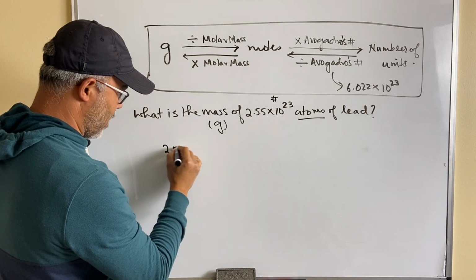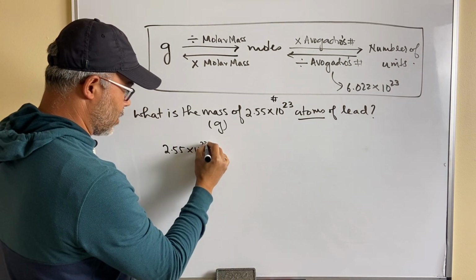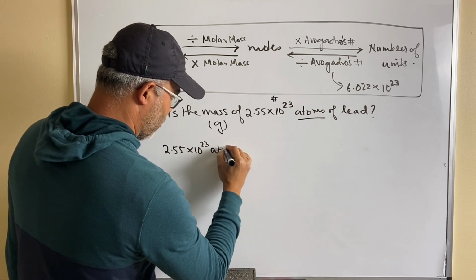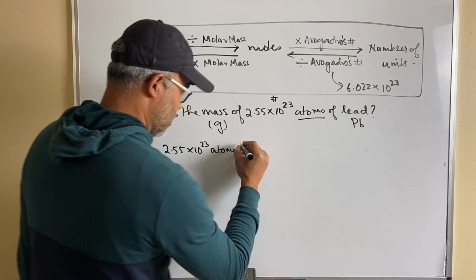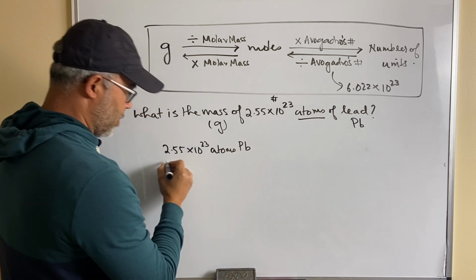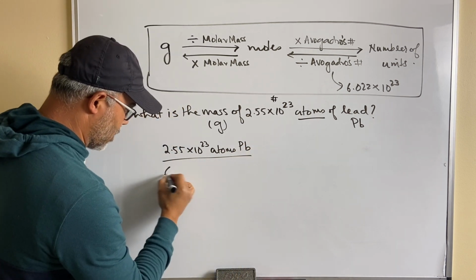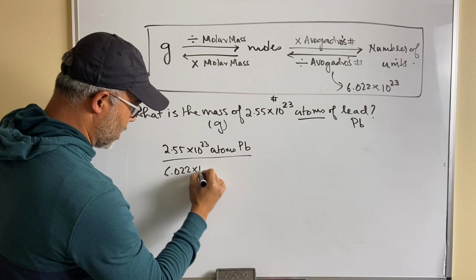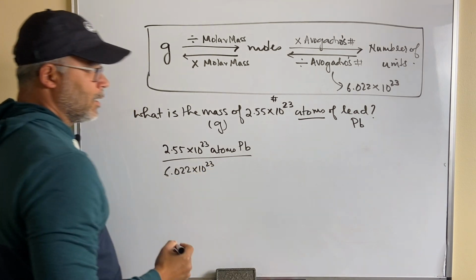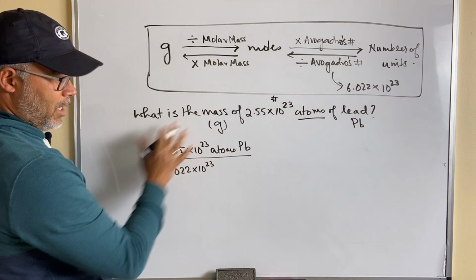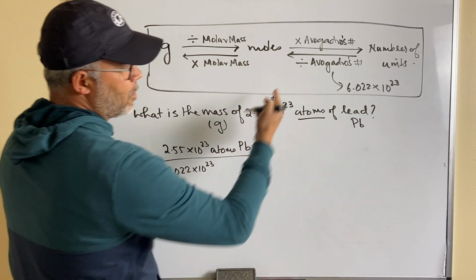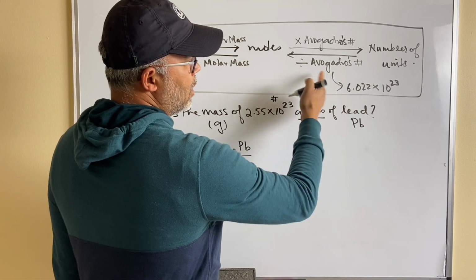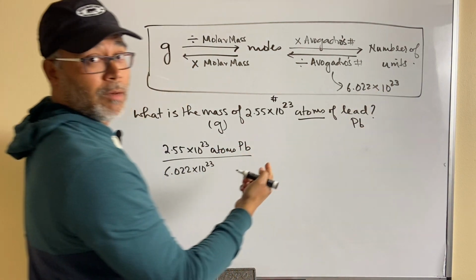Okay. So 2.55 times 10 to the 23 atoms of lead, the symbol of lead is Pb. I'm going to divide that by Avogadro's number, which is 6.022 times 10 to the 23. This entire thing should actually give me moles. Okay. So just so that you know, these many units is equal to 1 mole, right?